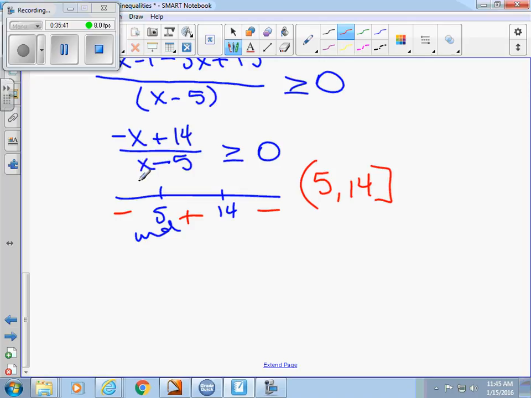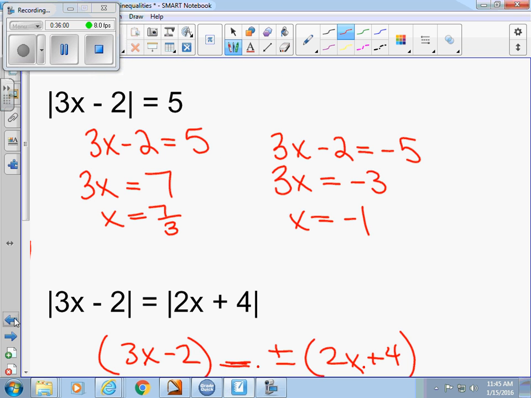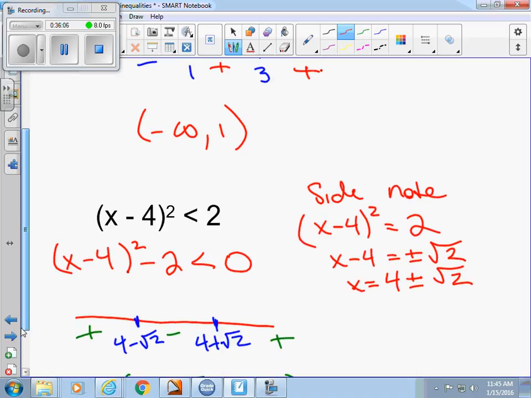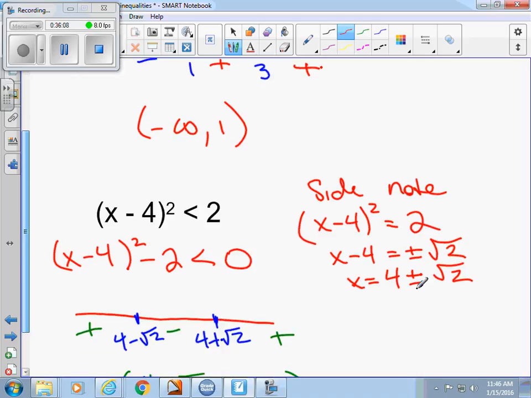You know how you side noted earlier? It's like x minus 4 squared. Do you always have to side note it? No, just make sure at some point you go back to the original and get 0 on one side. I side noted because it was easier to solve by side noting.